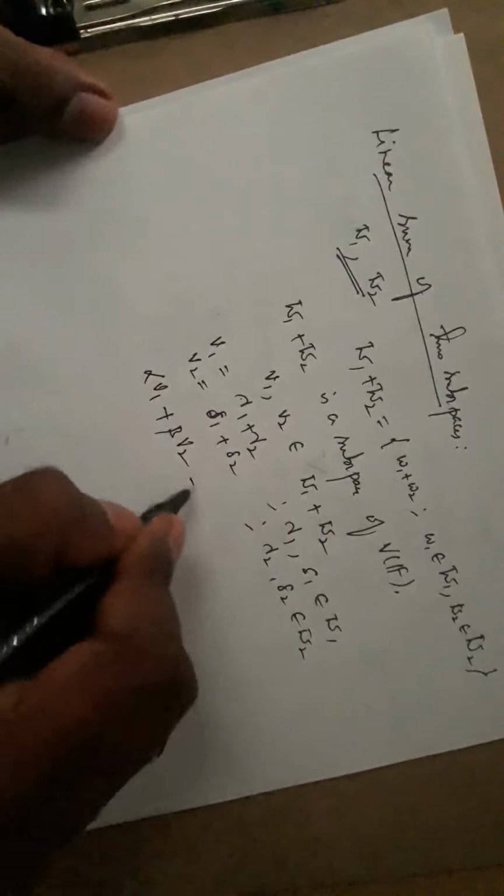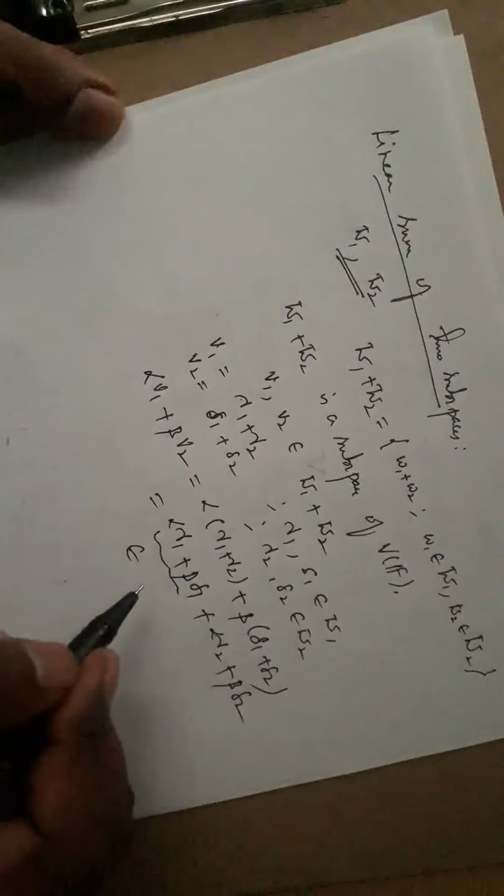Then what is alpha V1 plus beta V2? That is equal to alpha (gamma 1 plus gamma 2) plus beta (delta 1 plus delta 2). This is equal to (alpha gamma 1 plus beta delta 1) plus (alpha gamma 2 plus beta delta 2). But this belongs to what?